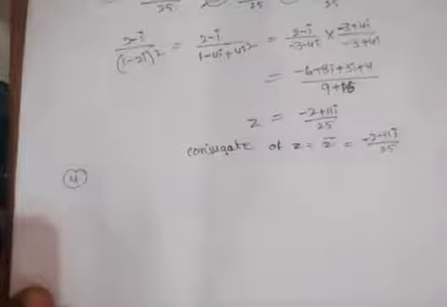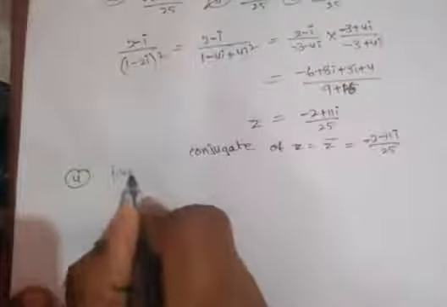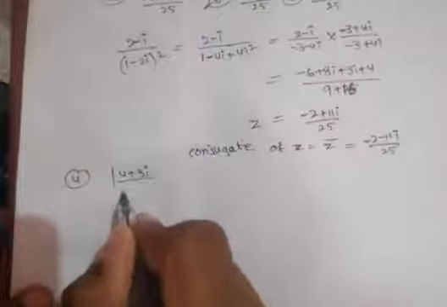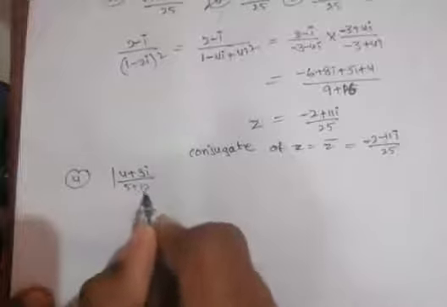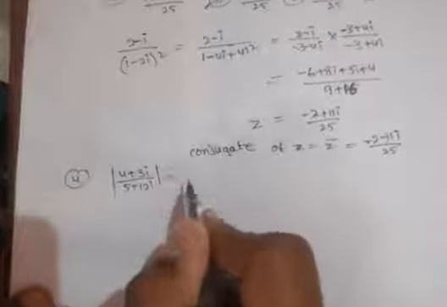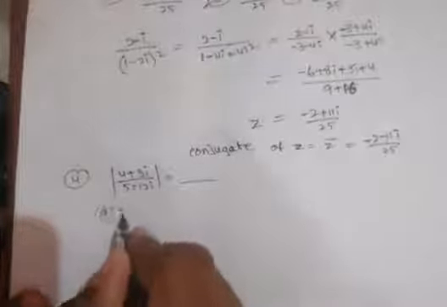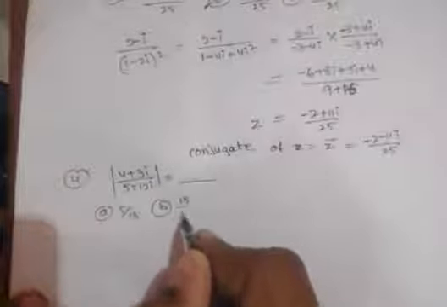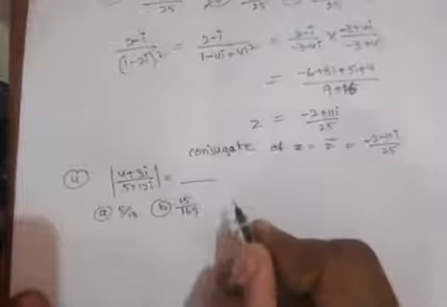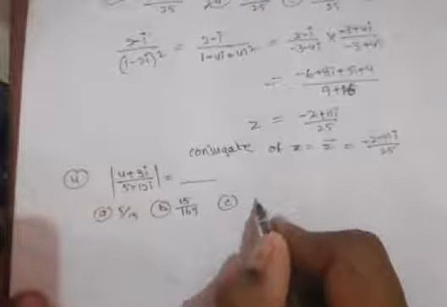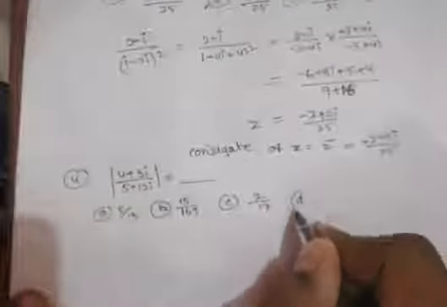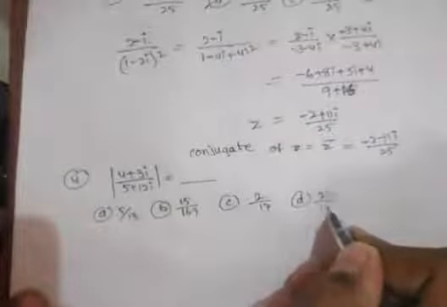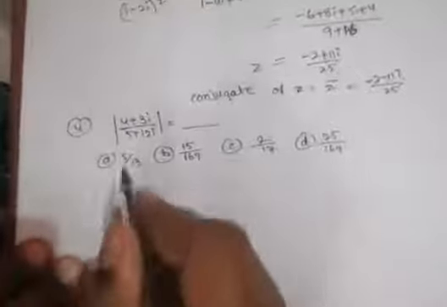Coming to another question: mod of (4 plus 3i) by (5 plus 12i) is option A, 5 by 13; option B, 15 by 169; option C, 2 by 17; D, 25 by 169. So this is nothing but magnitude.